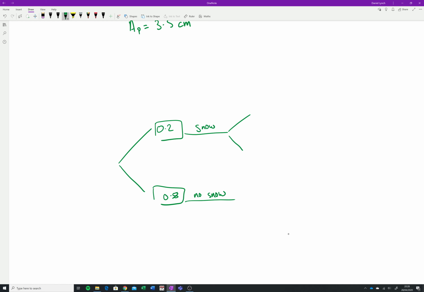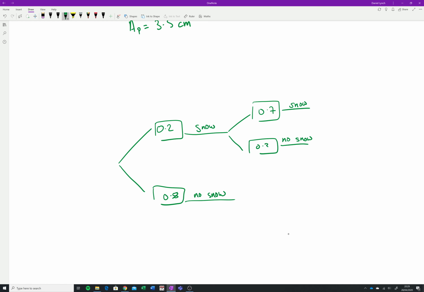It says, if it snows on that day, the probability that it snows the following day is 0.7. So this is that it snows again. Now remember, this is a new day here, so it is either going to be snowing, which is 0.7, or not snowing, no snow.